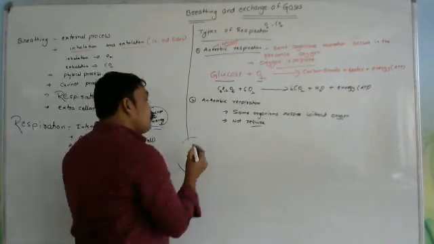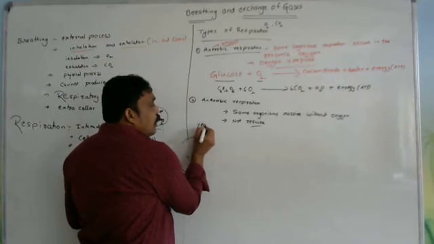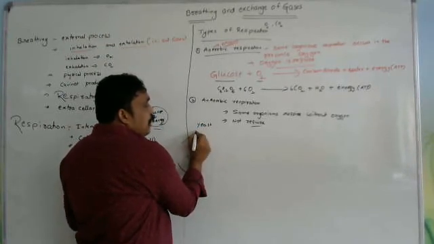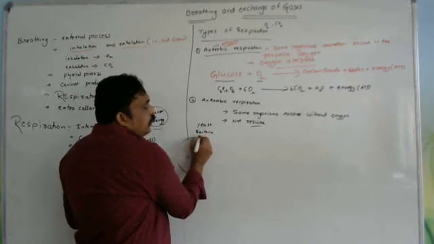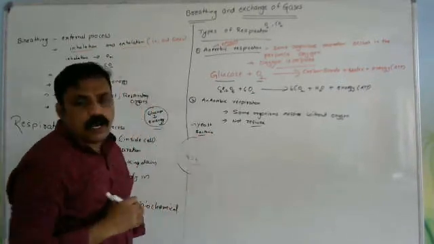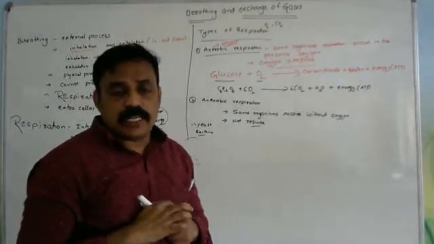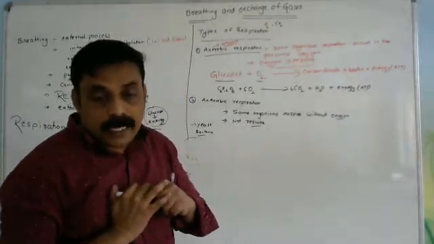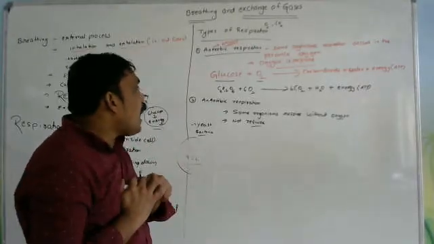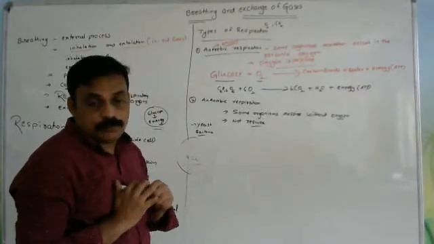For example, yeast and some types of anaerobic respiratory bacteria, which are microscopic organisms, are examples of anaerobic respiration.